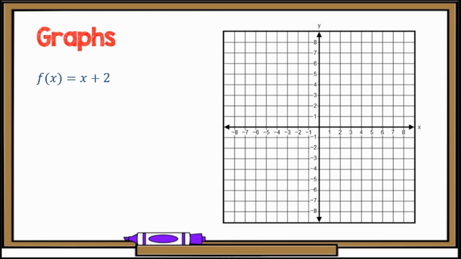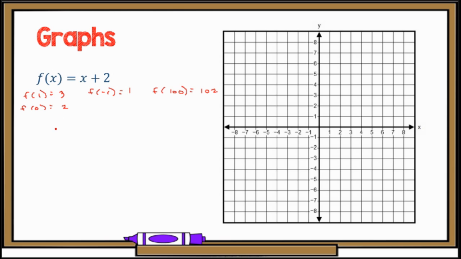Okay. So at f of 1, we arrived with 3. At f of -1, we arrived with 1. At f of 100, we arrived with 102. And at f of 0, we arrived with 2.